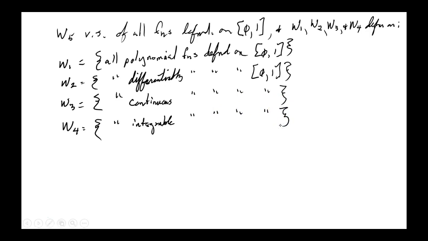Okay. Now, let's think on that one for a moment. Certainly all continuous functions are integrable, but not necessarily all integrable functions are continuous, because you can integrate functions on different subsets of the domain that would not necessarily be continuous. Okay?